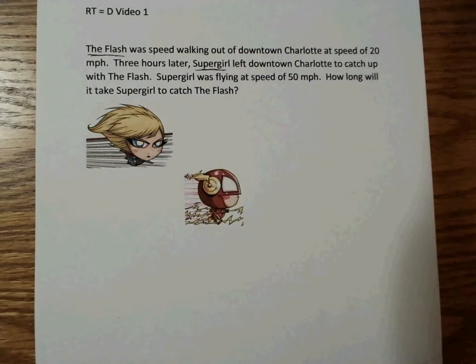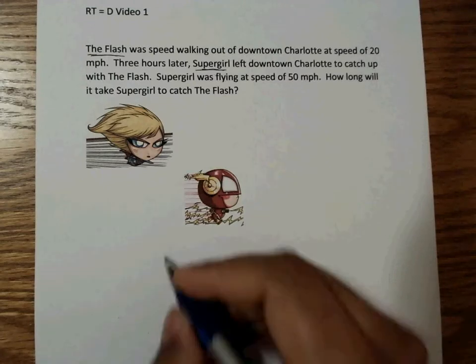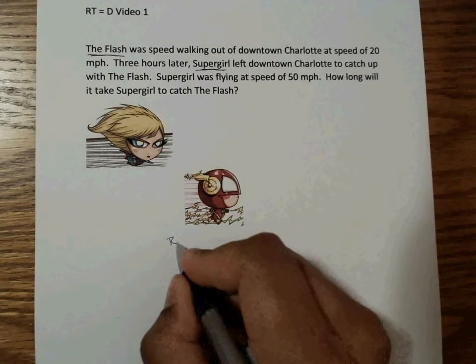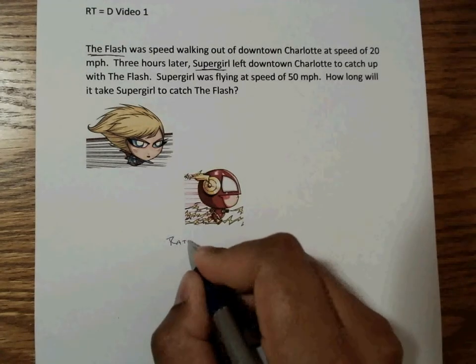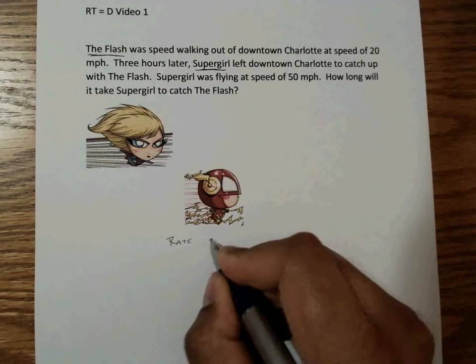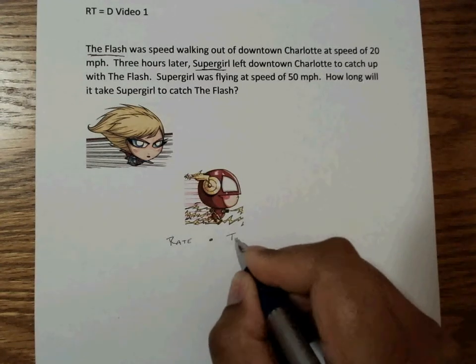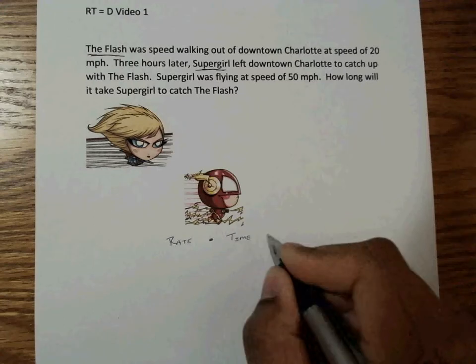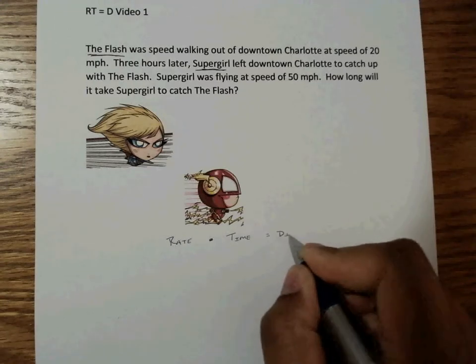So I'm going to go ahead and start our rate times time equals distance table. So we have our rate, and we're going to multiply that times our time, and that's going to be equal to our distance.